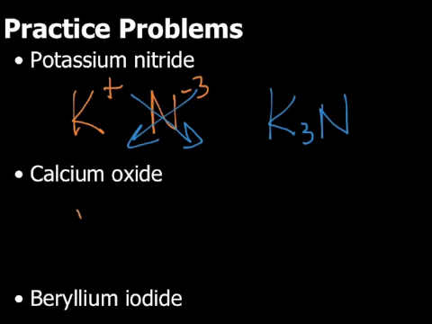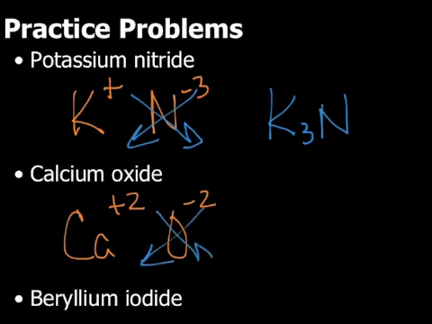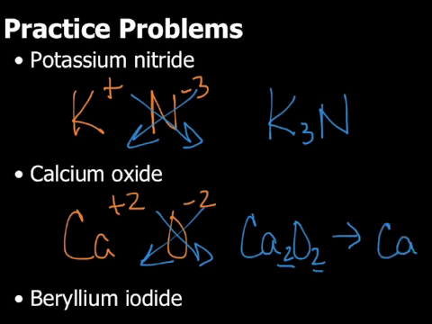Next example, calcium oxide. Calcium's a +2, oxygen's a -2. Crisscross my charges, and I end up with Ca2O2. And for these ionic compounds, you can put this in the reduced form, so those 2's will cancel each other out, so I can just write CaO.